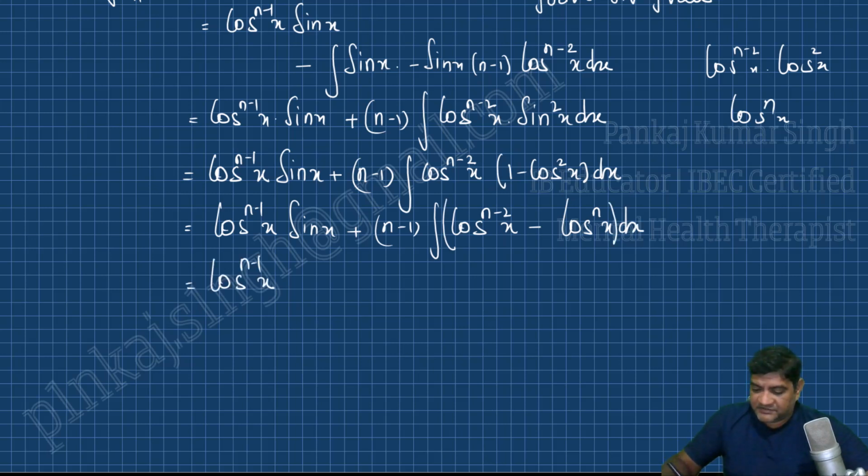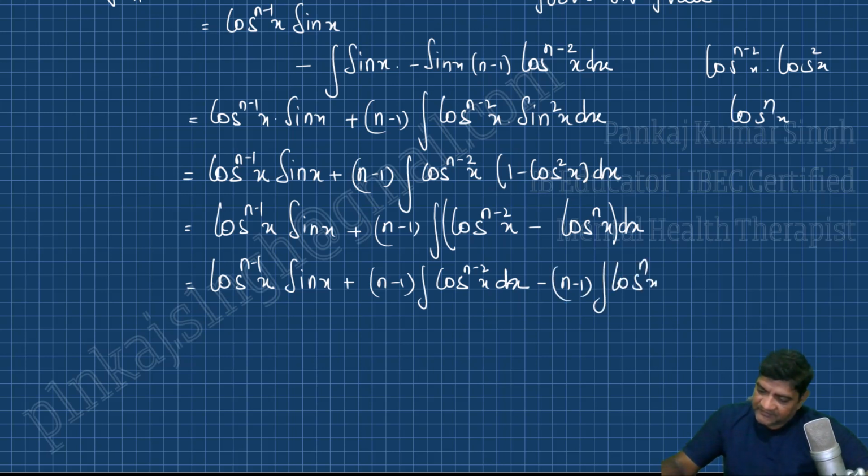Going further, I can write this as cos to the power of n minus 1x into sin x plus n minus 1 multiplied with the integral of cos to the power of n minus 2x dx minus n minus 1 integral of cos to the power of nx dx. This takes care of the first part of the proof.